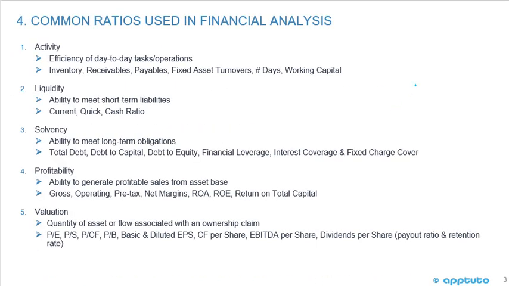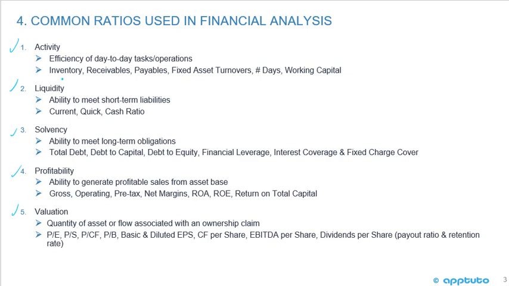Common ratios used in financial analysis. So we can see here that there's 5 categories: activity ratios, liquidity ratios, solvency ratios, profitability ratios, and valuation ratios. So if we look first at the activity ratios, they're giving us some information with regards to the efficiency of day-to-day task operations.